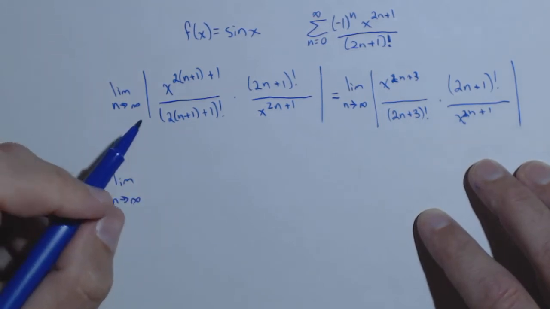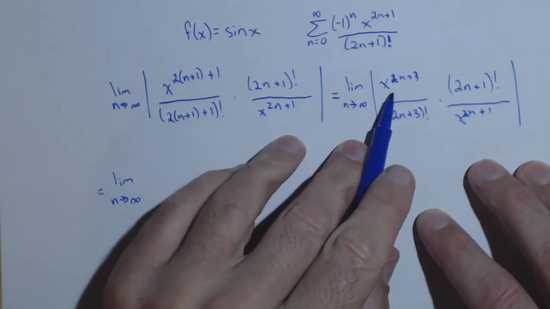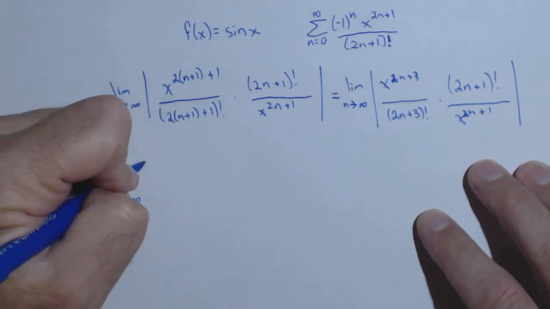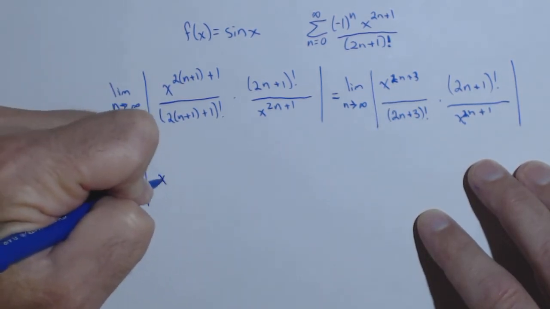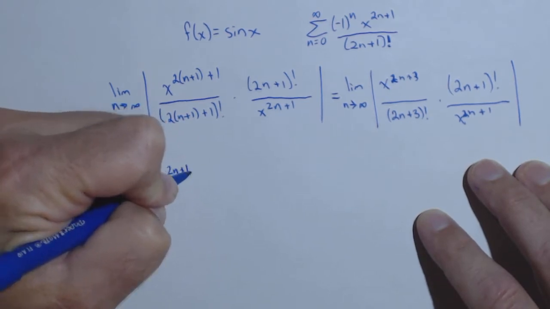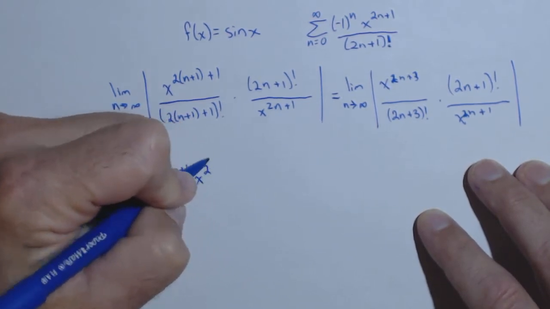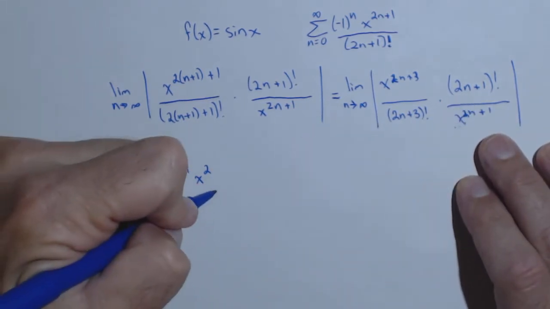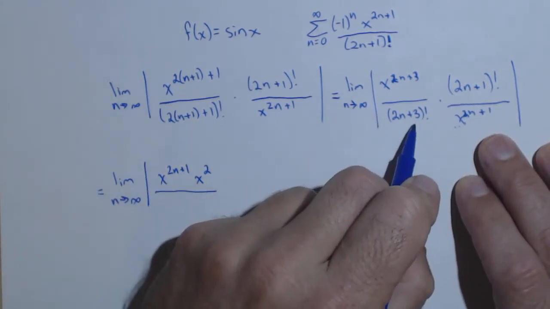Now we're going to look to see what will factor. For instance, this is basically 2n plus 3 x's multiplied together, so I can rewrite that as x to the 2n plus 1 times x squared. I'm splitting off two of them to make it match up with this term here. I'm going to do something similar here.